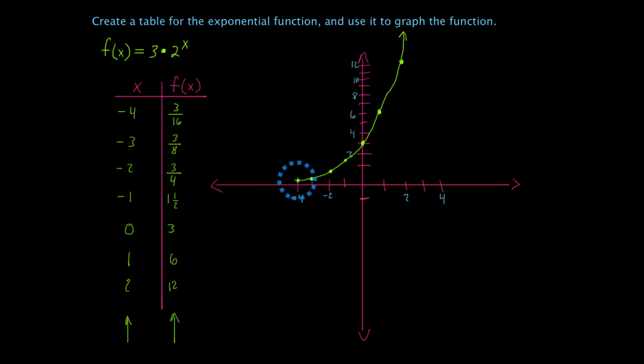As it moves further away from 0, this line should get closer and closer to the x-axis, but it will never reach 0. It won't touch 0 in this function here. So we can see that well.